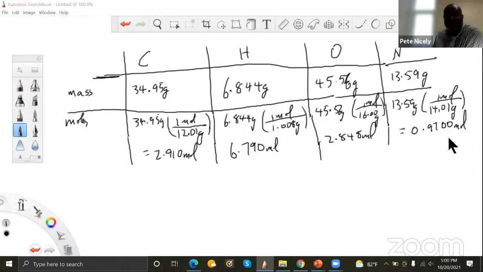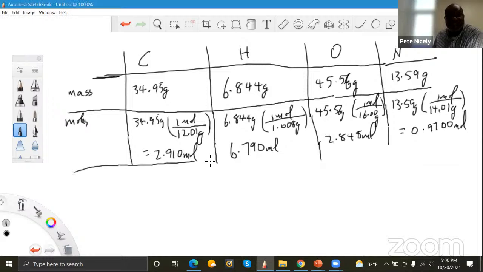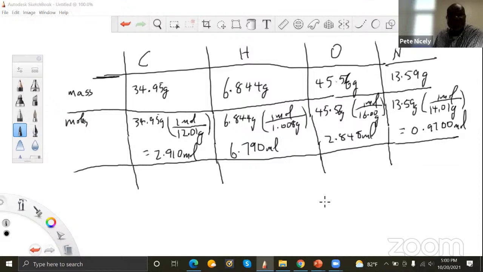Okay, so now that we have calculated the moles of each of these, what would be the next step? Divide all of them by the smallest mole number.